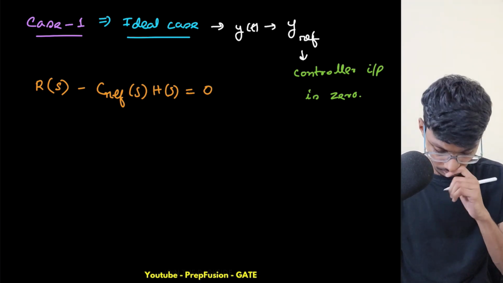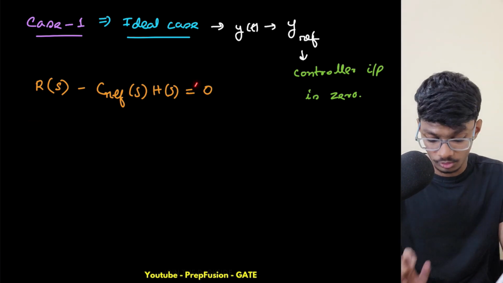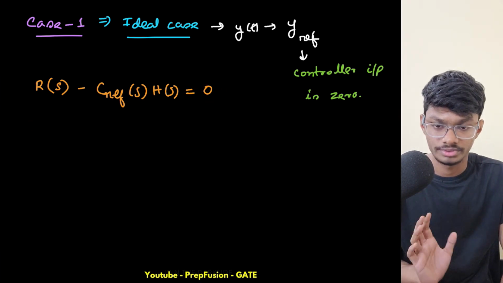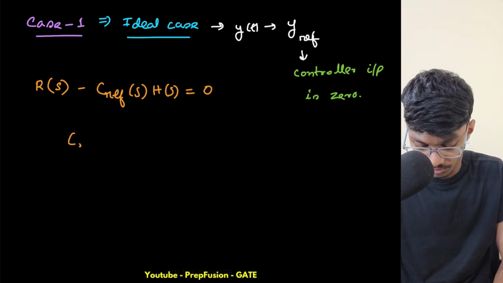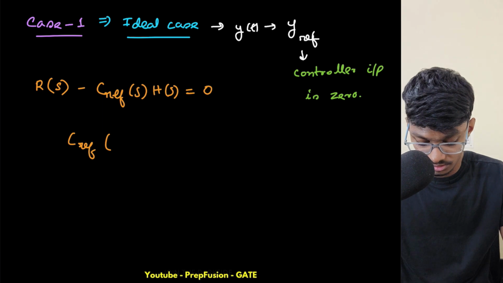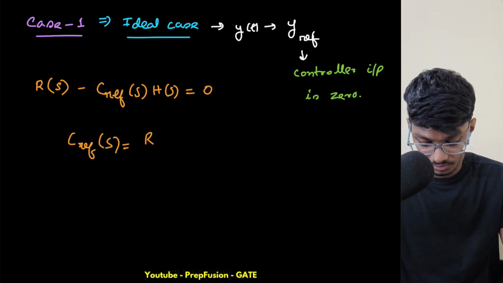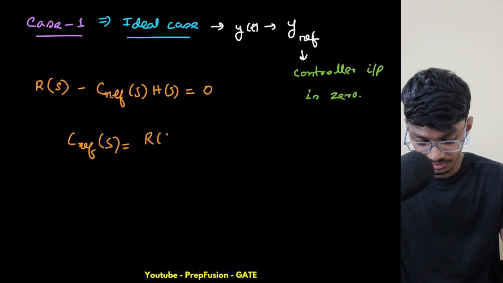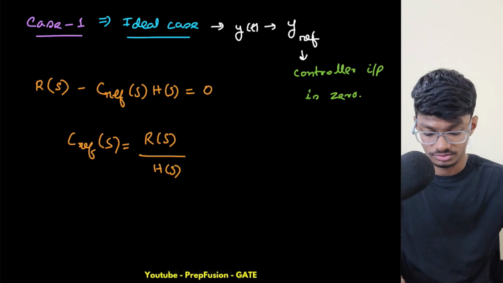So this is what my equation will be. This controller input should be 0. From here we can find our C reference of S. So what is my C reference of S? C reference of S is R of S by H of S. This is my C reference of S.